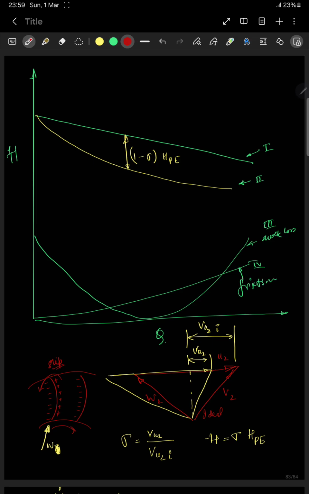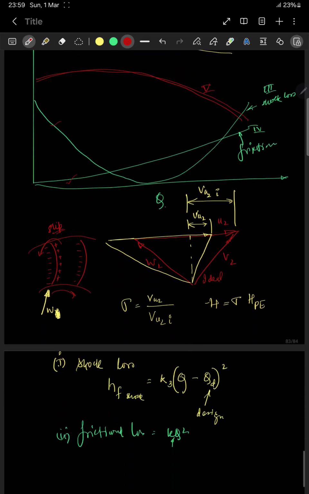So the actual curve will look something of this sort. This is this minus this minus this. This is the actual pump characteristics.